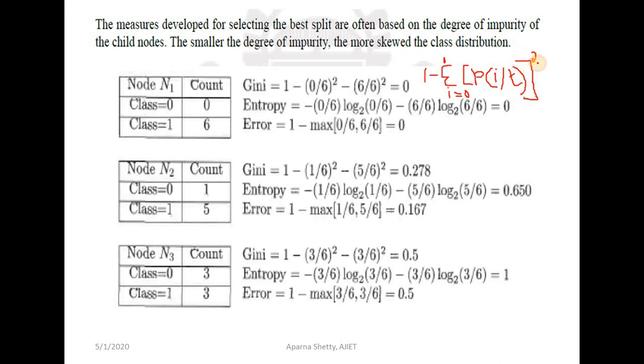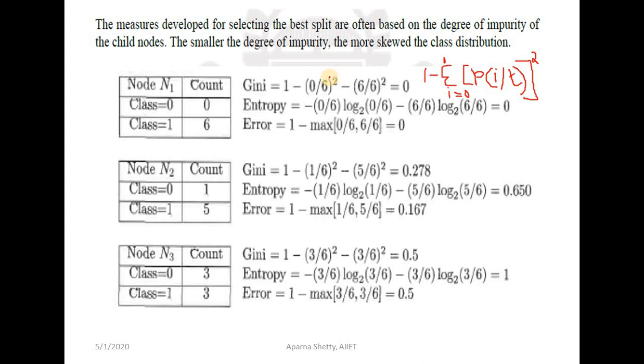Now if you apply this formula, you will get 1 minus, now for class 0, the count is 0. The total count for node N1 is 6. P of i given t is the fraction of records that belong to class i. So for class 0, it is 0 divided by the total number of records in node N1, that is 6.